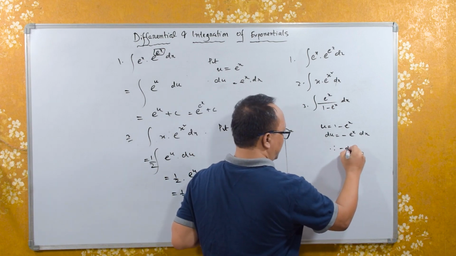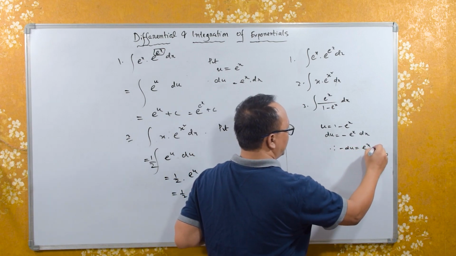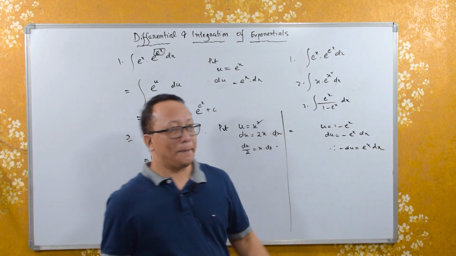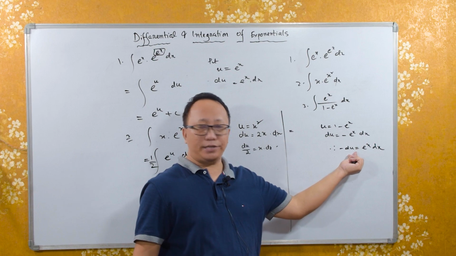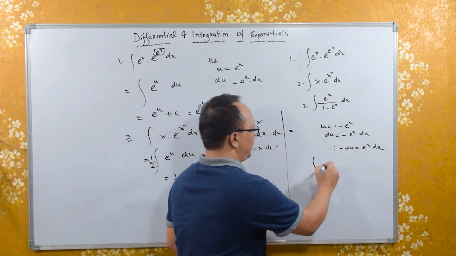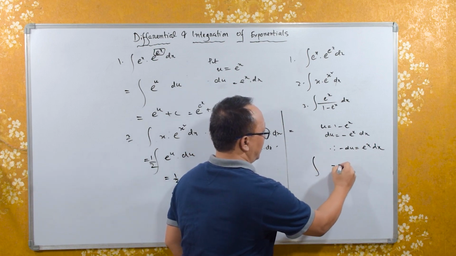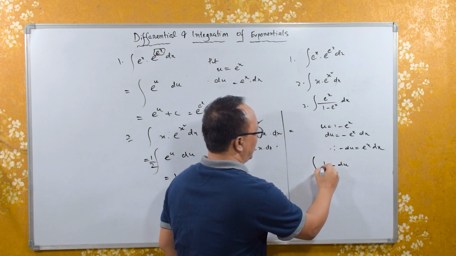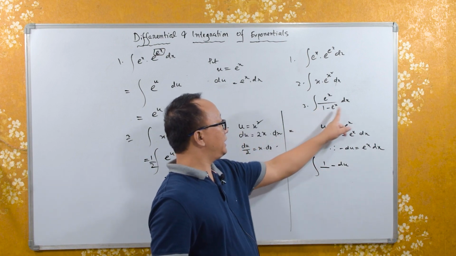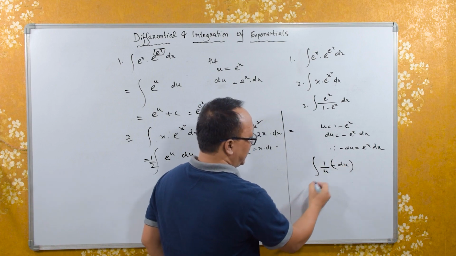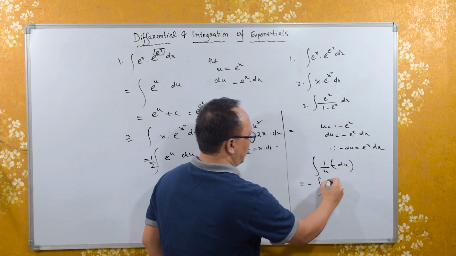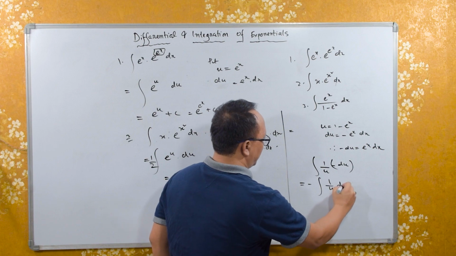Therefore, minus du will be e raised to x into dx. Now this e raised to x into dx is minus du, and 1 upon 1 minus e raised to x is 1 upon u. So I can send minus outside, 1 by u du.